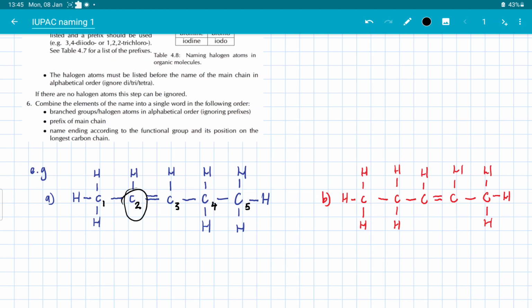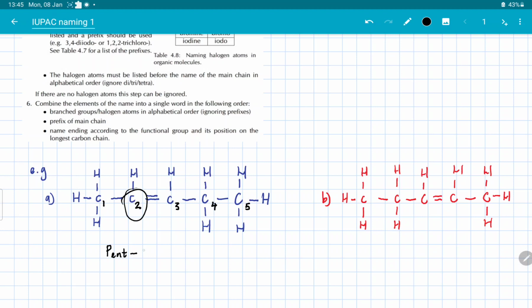And previously we said this is an alkene because it has a double bond. So now we ask ourselves, how many carbons are in the main continuous chain? Because that's going to help us get the prefix for the main chain. There are 5 carbons, so the prefix is supposed to be "pent". So it's going to be pent.